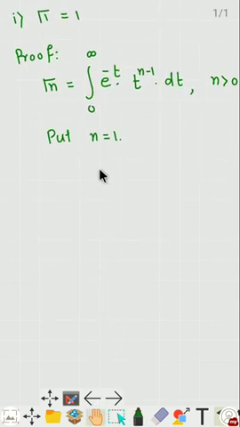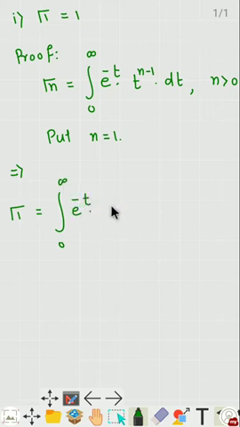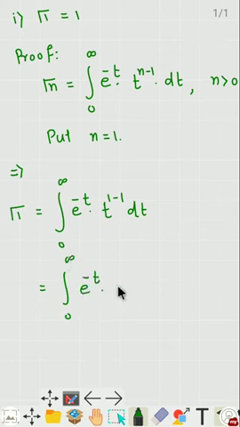Wherever there is n, instead of n we put 1. So t raised to the power 1 minus 1 dt. Here 1 minus 1 is 0, t raised to 0 is 1. Therefore what we are left with is integration from 0 to infinity of e raised to the power minus t dt.